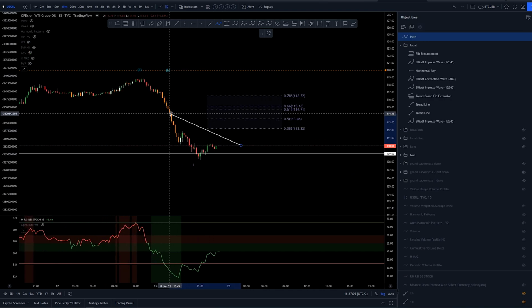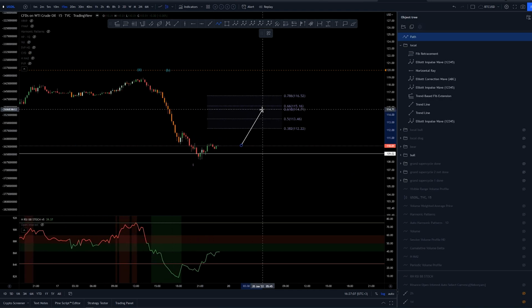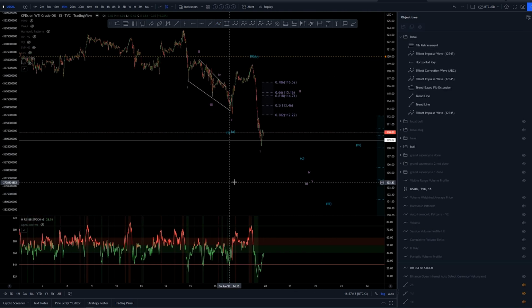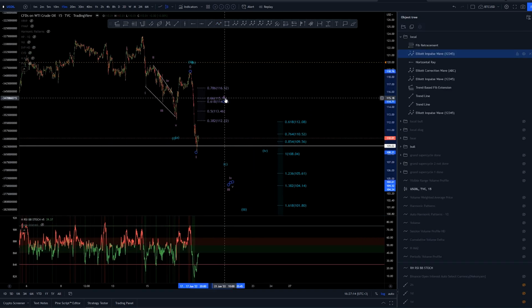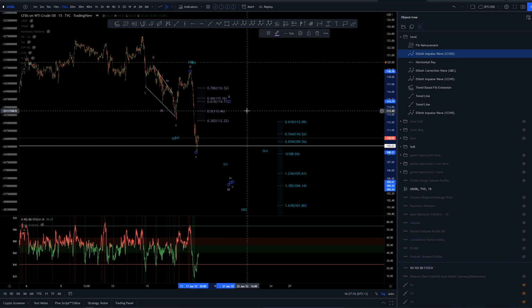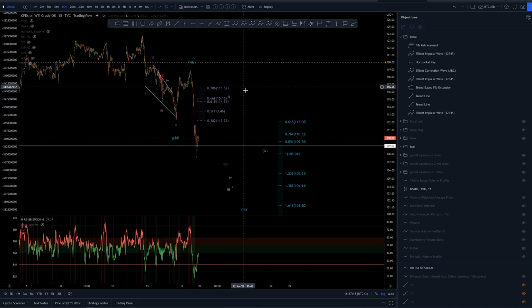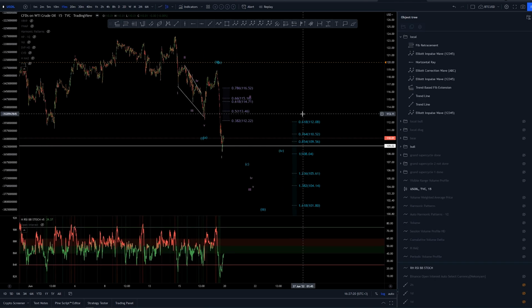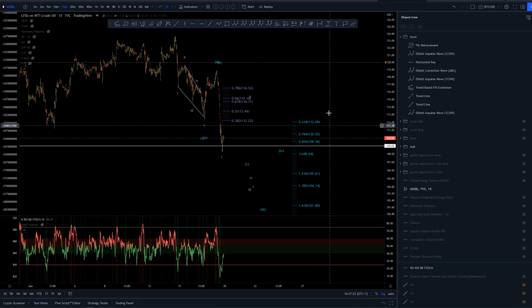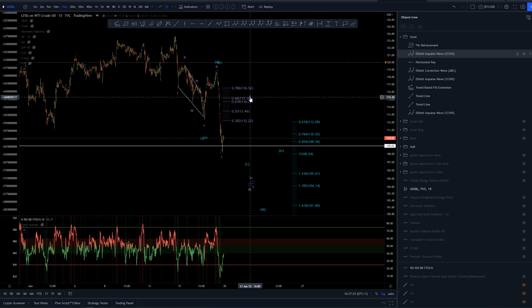Of course, we did have some kind of resistance here, which is currently right here where we have the golden pocket. Again, that would be a possibility for another short position. But yeah, it is depending, of course, on your outlook on your higher time frame, whether you want to be taking these kind of setups.